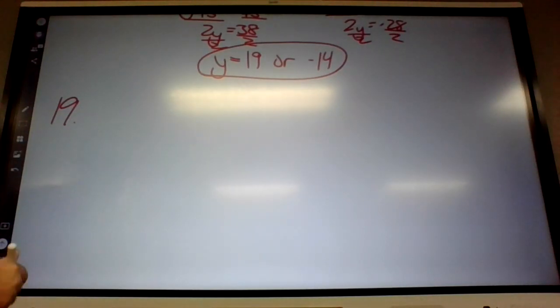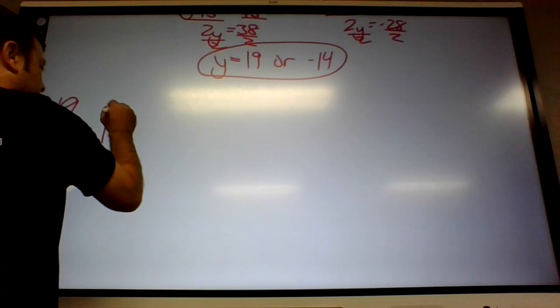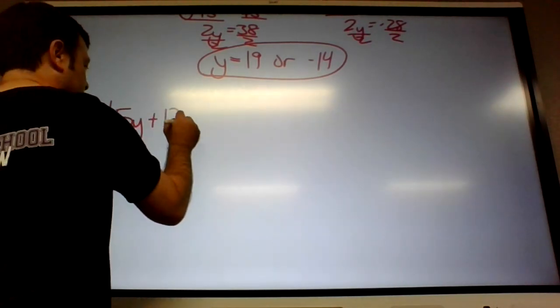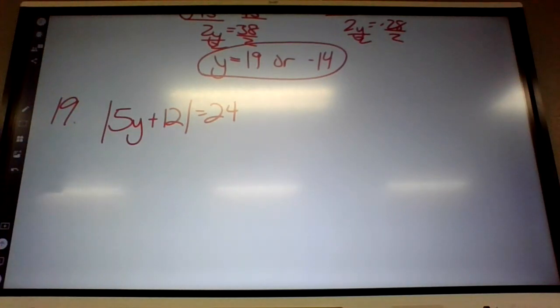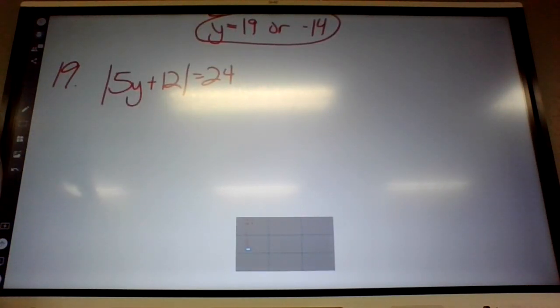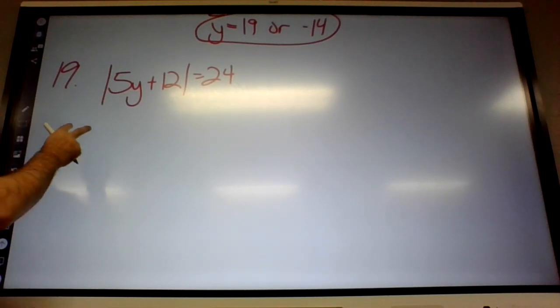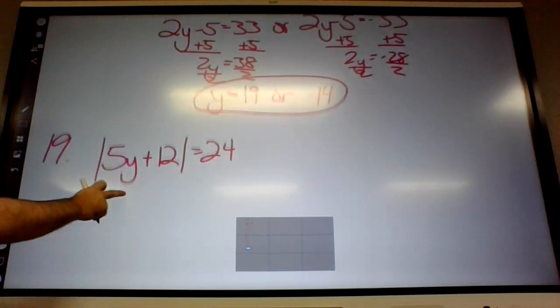19, 5y plus 12 equals 24. This one's smaller for some reason. Alright, Brian, what should we do? Minus 12. No. When we have absolute value, what do we do? No, well, kind of.